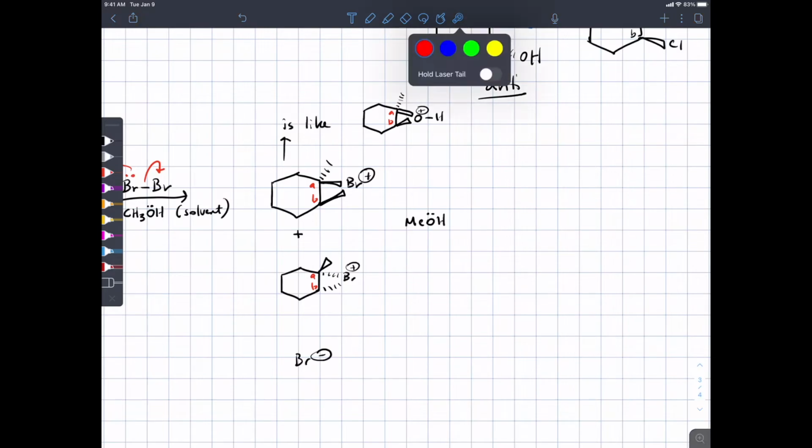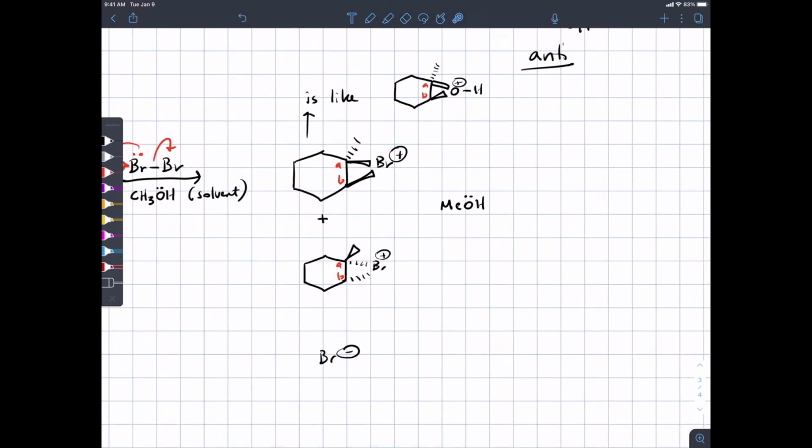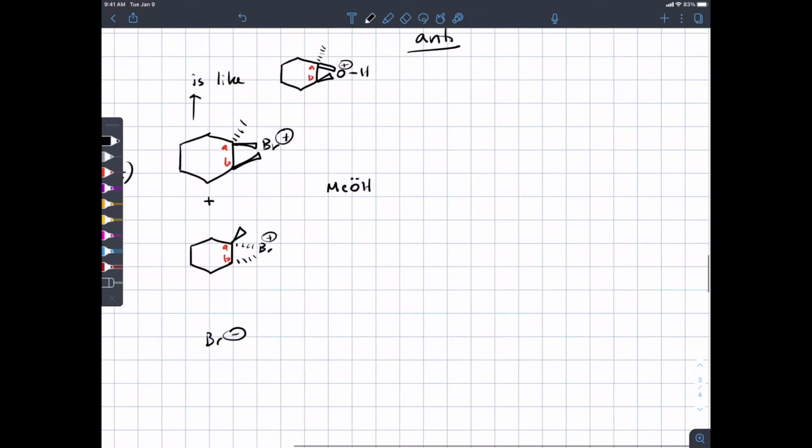The bromonium ion has this positively charged bromine, which is a good leaving group. The transition state for this reaction is going to involve lengthening of the bond between bromine and the more substituted carbon, because that more substituted carbon can better tolerate the buildup of partial positive charge in the transition state.